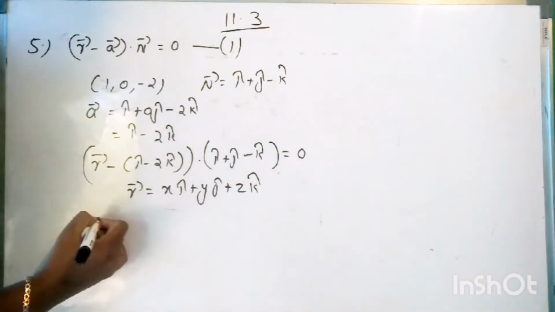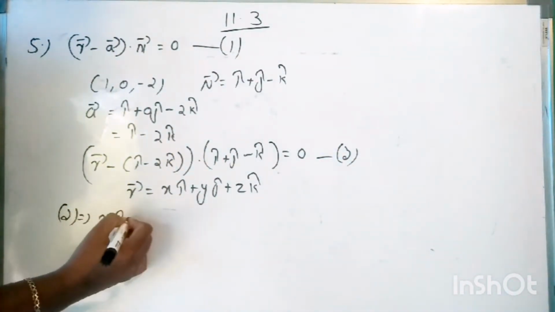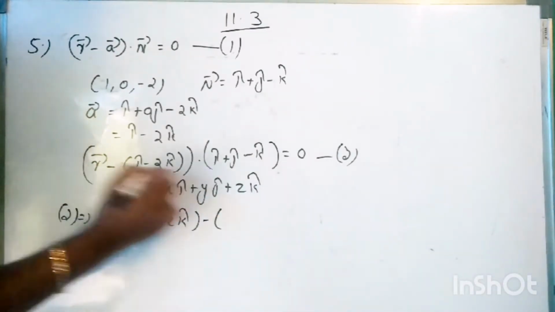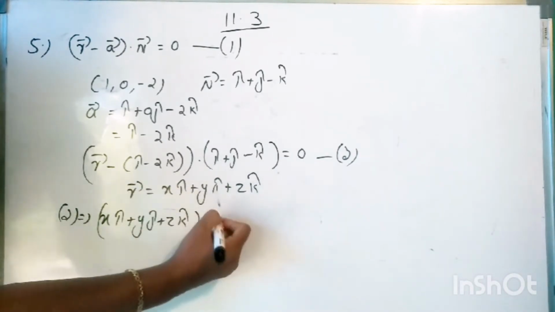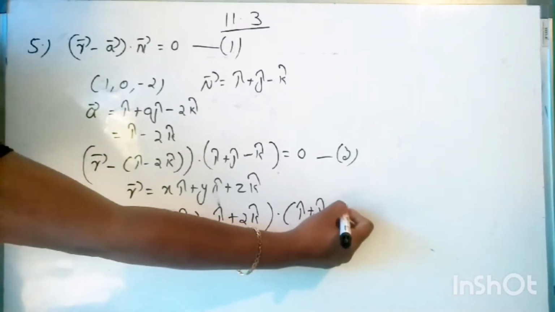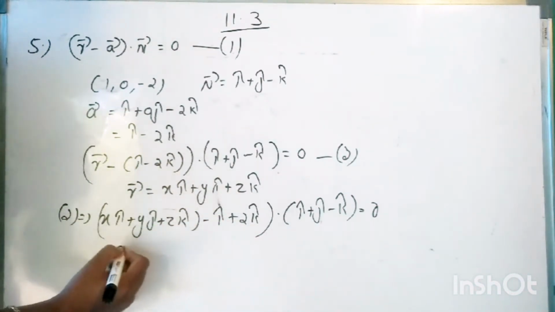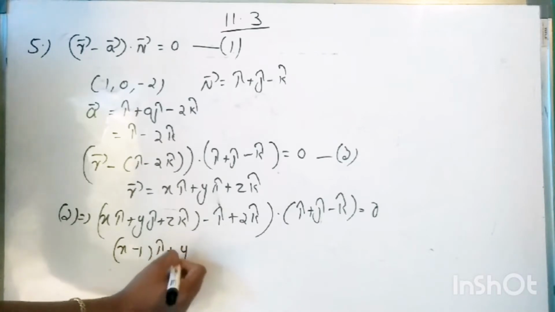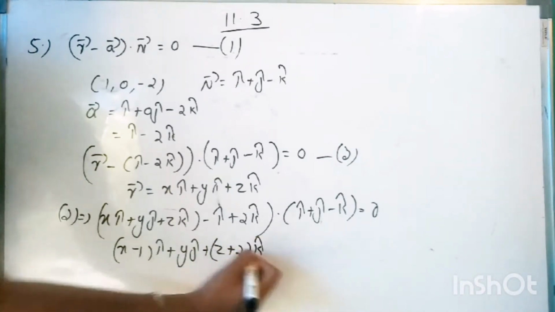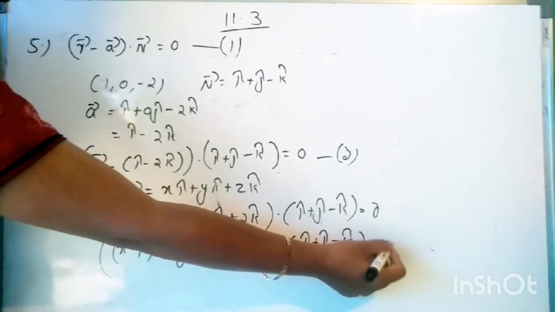Then equation number 2 implies (xi + yj + zk - (i - 2k)) dot (i + j - k) is equal to 0. That is (x - 1)i + yj + (z + 2)k dot (i + j - k) equal to 0.